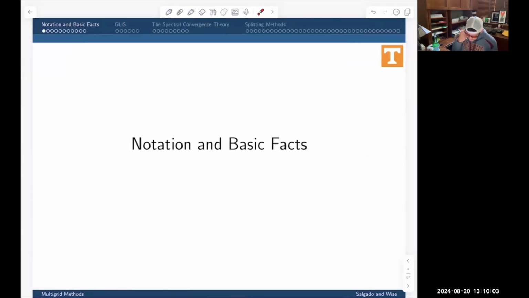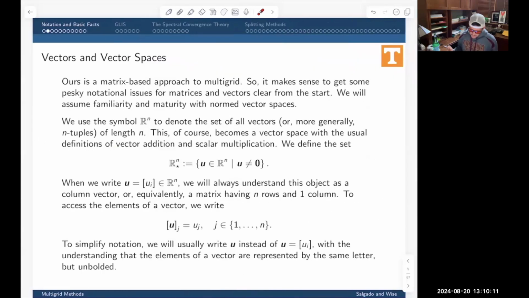Okay, so let's get some basic stuff out of the way first, because it's the first stuff: notation and basic facts. Again, a good reference is our book, this classical numerical analysis text. For those students here at UT, this is freely available.